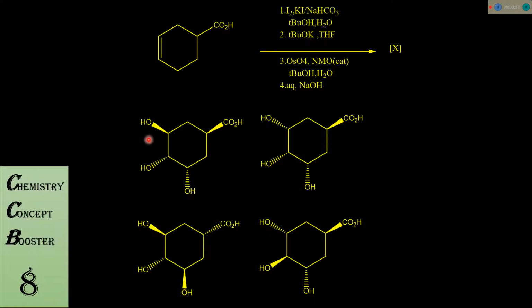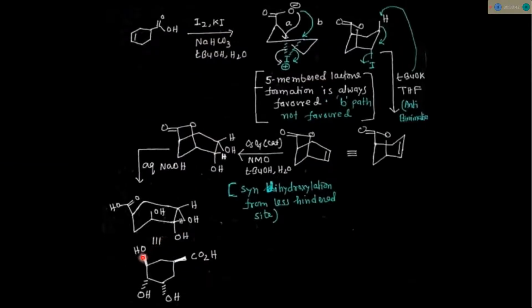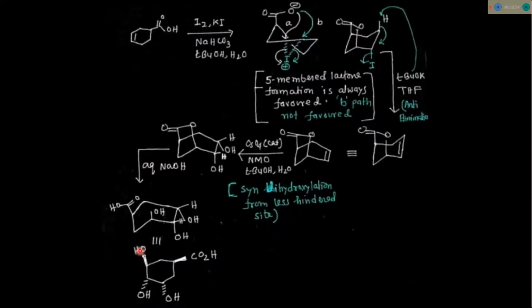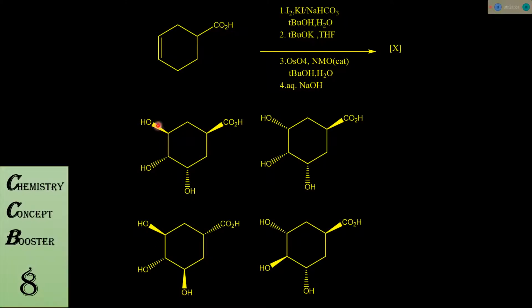Now, at the 1, 3 positions OH and COOH are up, and these two adjacent OH are below the plane. So option A, I forgot to write, this is A, B, C, D. Option A is right.